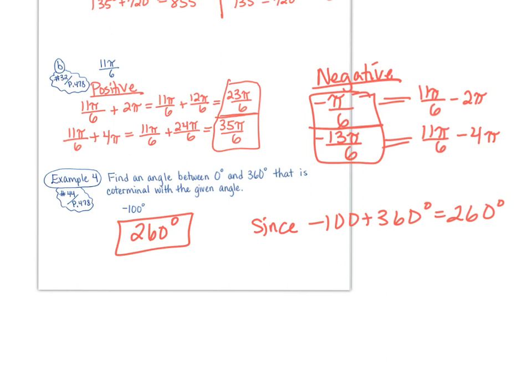How do you find an angle that's coterminal with that one between 0 and 360? You would subtract. Good. You subtract multiples of 2 pi if it's radians.